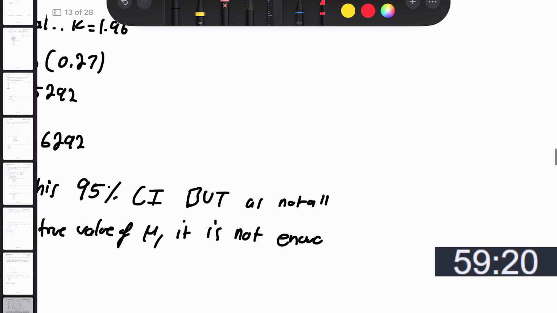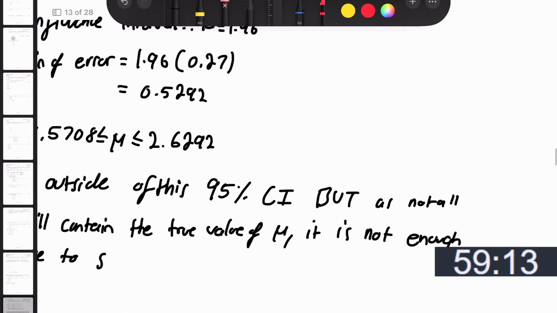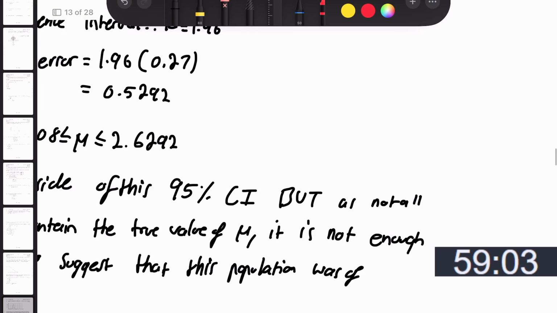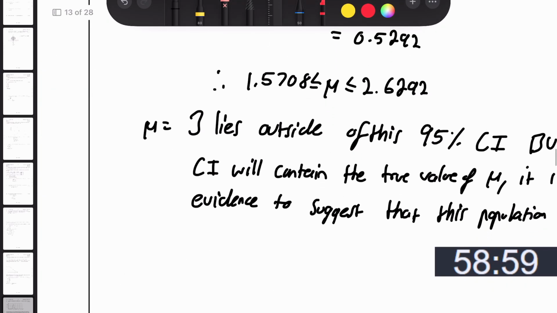Not enough evidence to suggest that this population was of teenagers rather than adults.